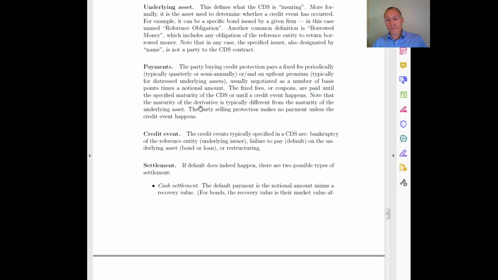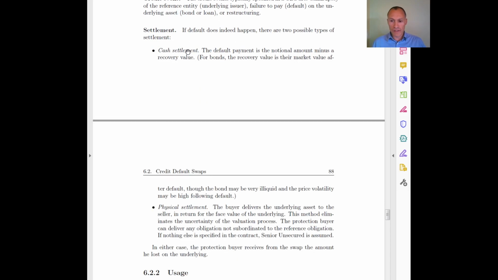Okay. So both cases, if everything is correct, both alternatives give you the same amount of money. If you are buying protection and something happens, a default event happens, what you receive is the amount that you lose on the underlying, the loss given default. Okay.